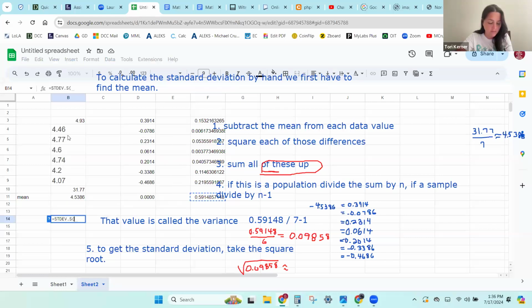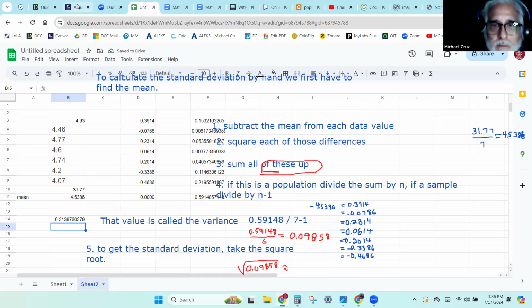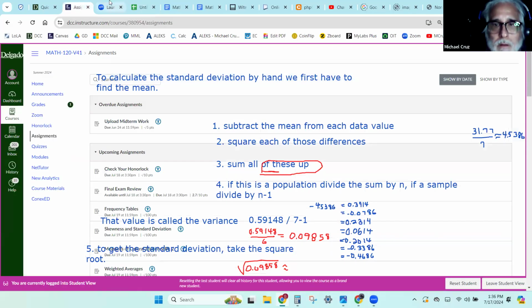I think it's 0.31, 31 cents. Yeah, 31 cents. You're all right. Exactly.